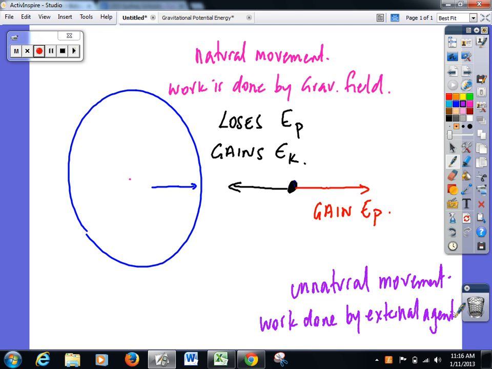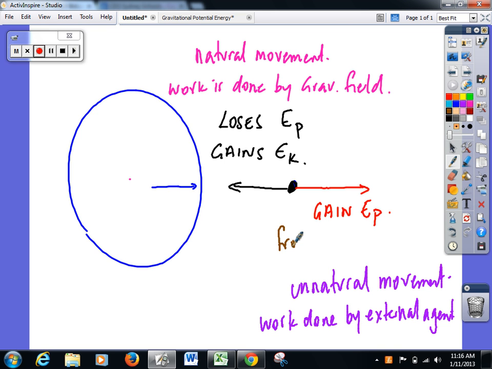Is my box stationary? How much kinetic energy has it got now? Nothing, has it? And if I move it up to here, how much kinetic energy has it got now? Nothing. But it had kinetic energy only during its transition. So unlike the natural movement, which is a pair of things happening, this is just simply a gain of potential energy, but we can now tell where this gain comes from.